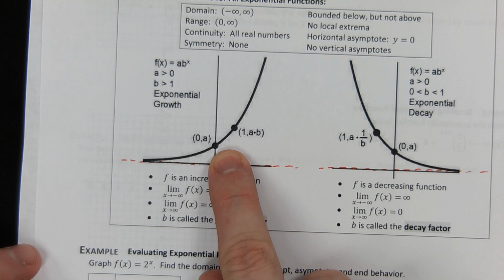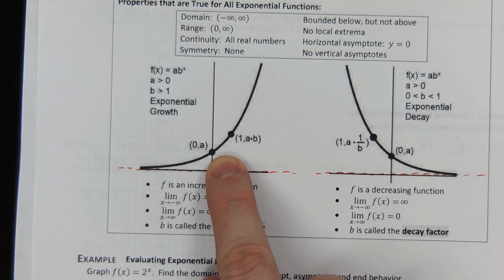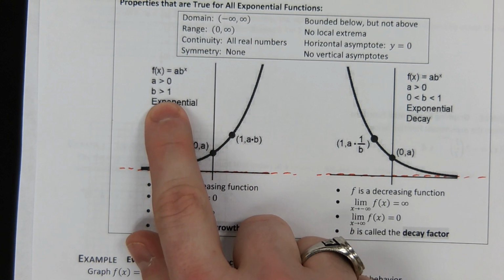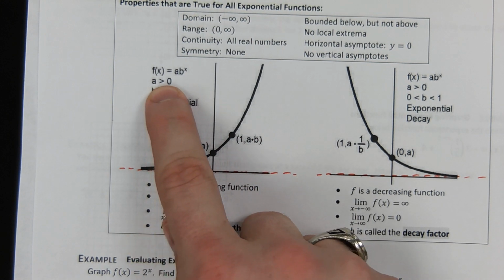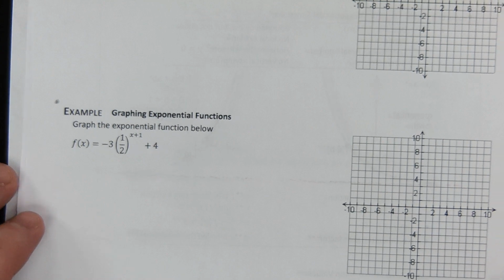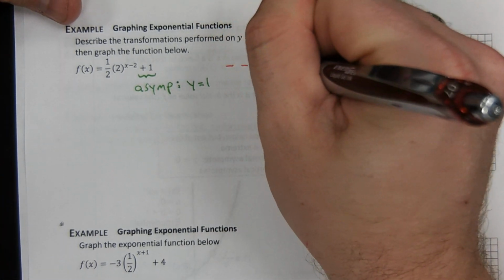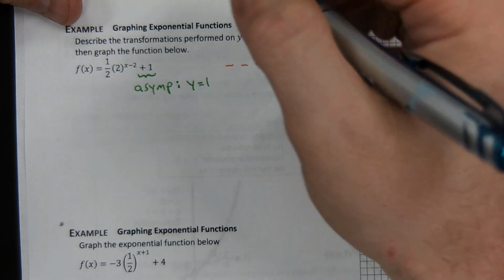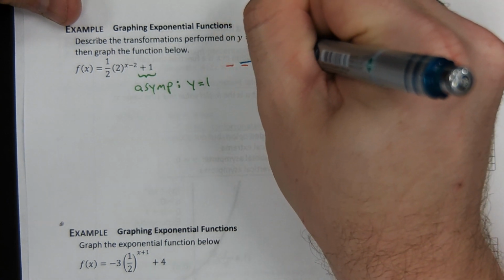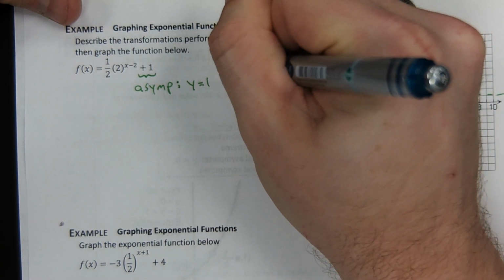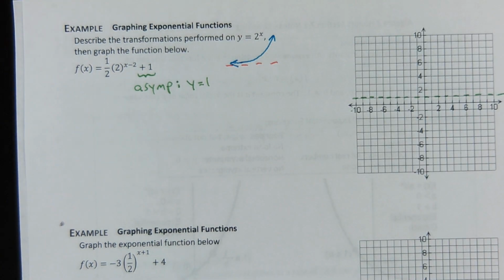It's going to go up and to the right because it has a base larger than 1 and a positive a value. So armed with that knowledge, I can draw a rough image and know that my graph is going to behave like that.